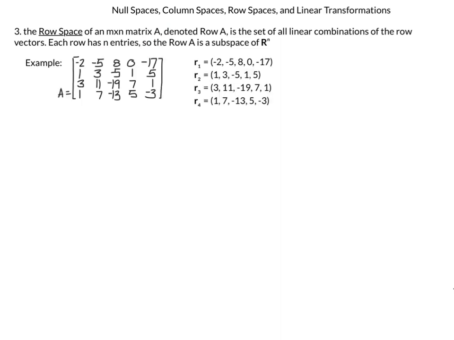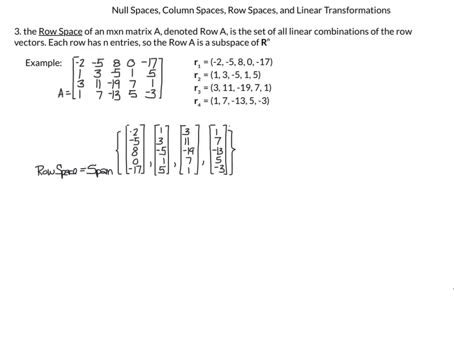For a quick example, if we have our matrix A, which has the column vectors -2, 1, 3, 1, -5, 3, 11, 7, 8, -5, -19, -13, 0, 1, 7, 5, -17, 5, 1, 3, our row vectors then are -2, -5, 8, 0, -17, 1, 3, -5, 1, 5, 3, 1, -19, 7, 1, and 1, 7, -13, 5, -3.